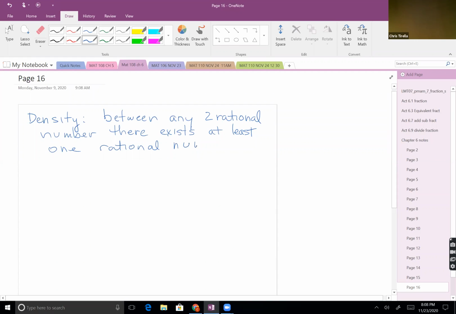And that idea of putting one between the next two takes us to the idea that there's an infinite number of numbers in between.